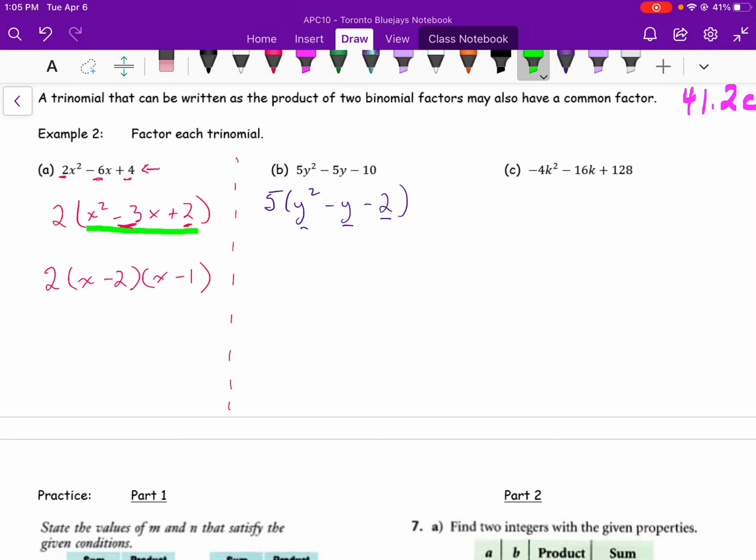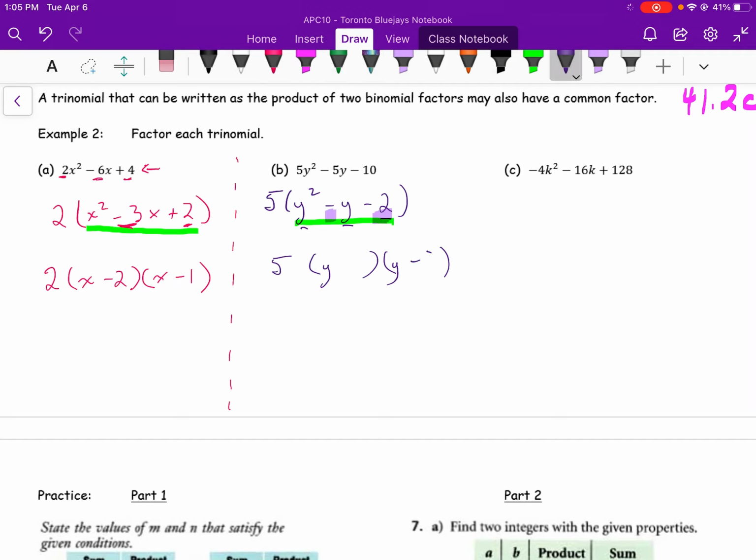So again, I could take a look at what's inside the brackets. What two quantities multiply together to give me negative 2 but add to negative 1? So I'm going to open this up with y and y. So what two numbers multiply to negative 2 but add to negative 1?